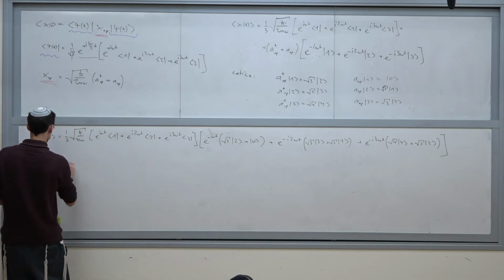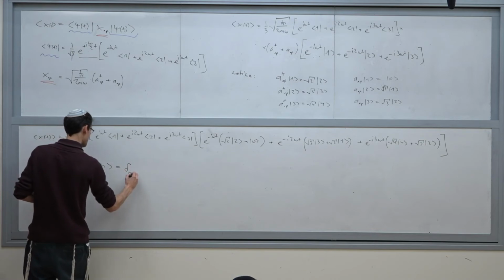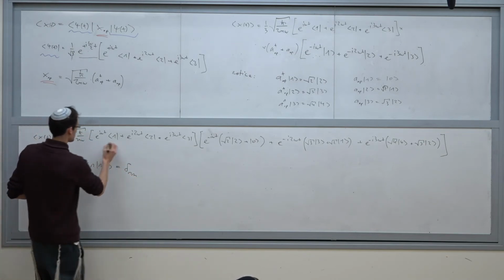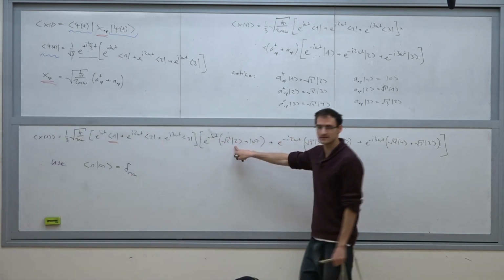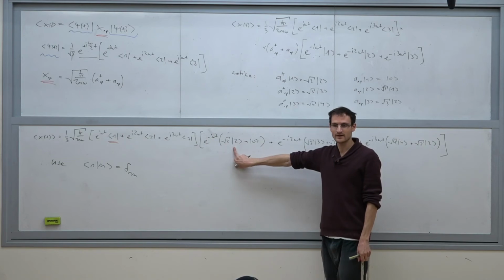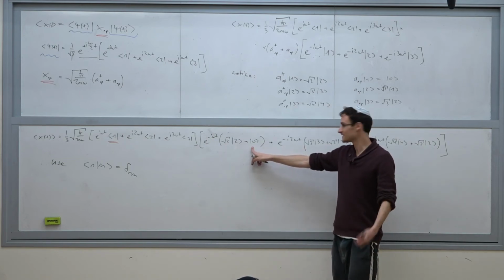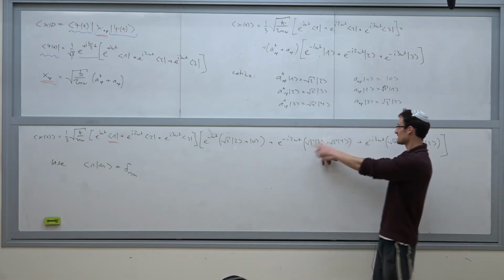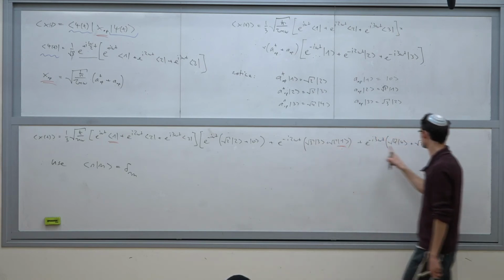We use orthogonality, which means that when this bra multiplies this term, we get 0. If we multiply this term, we get 0. When we multiply this term, we get 0. When we multiply this term, we just get 1, so that survives, and 0 and 0.